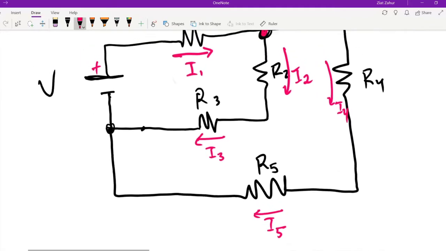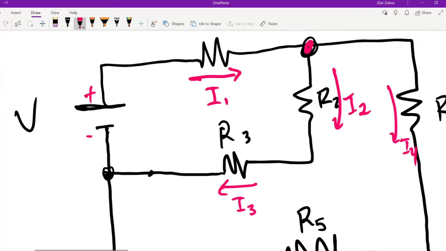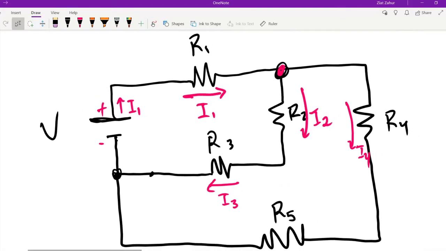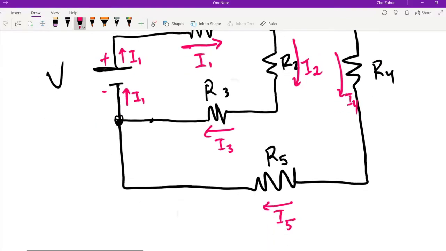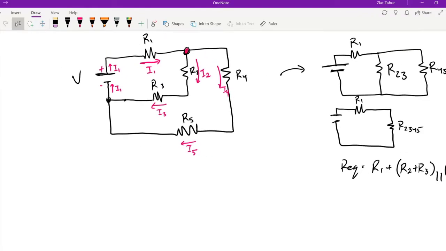Now, on the side of the battery, if you have I1 coming out this way, that I1 is the same I1 that went through resistor 1. Okay? If you have I1 coming out, that means you have to have I1 going in. What comes out must equal what comes in, etc. The junction rule. Okay, let's go and do all the junction rule stuff.